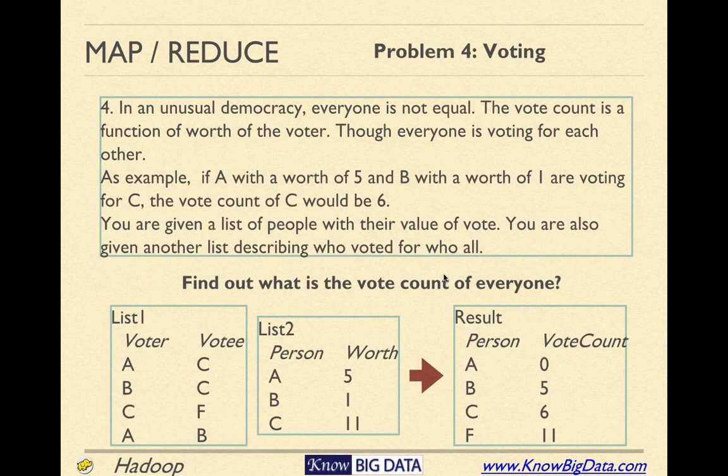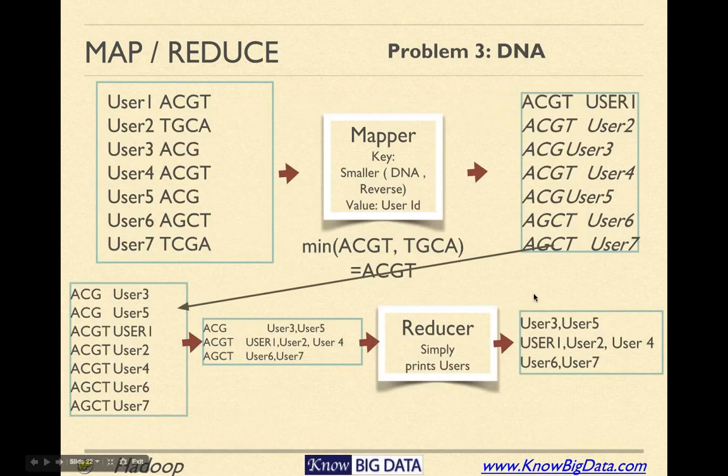All right. Now there are a few more ways to solve this, and one of those ways is: take a DNA, reverse it, and then pick the smaller one out of the two. This way, in case of a mirror image as well as this one, we will always get the same result.